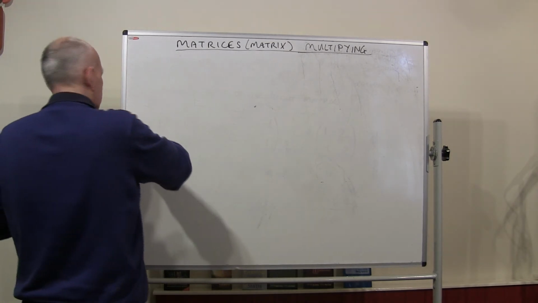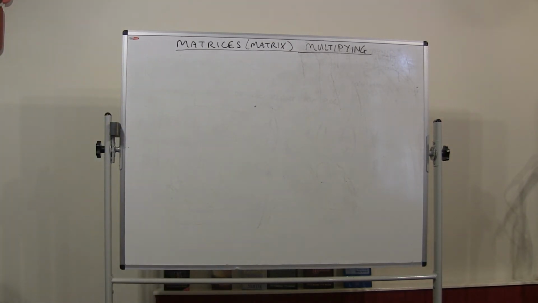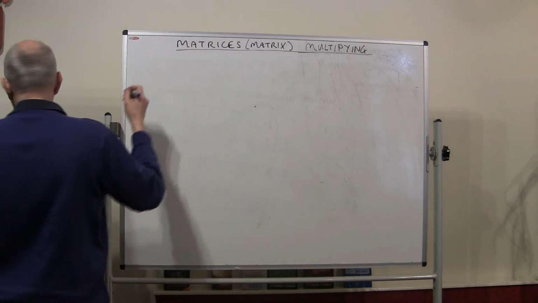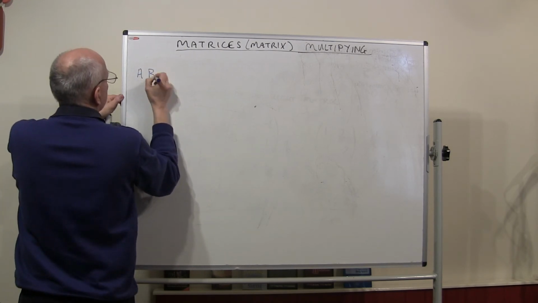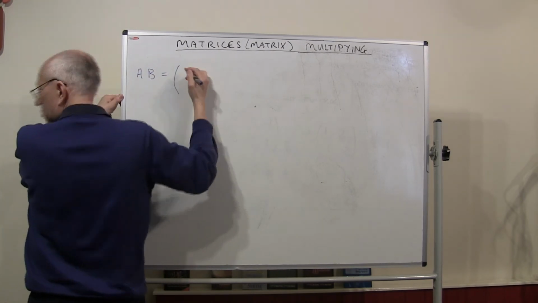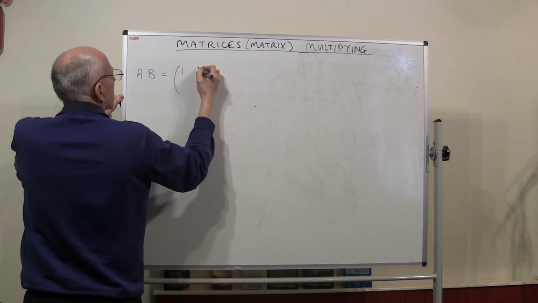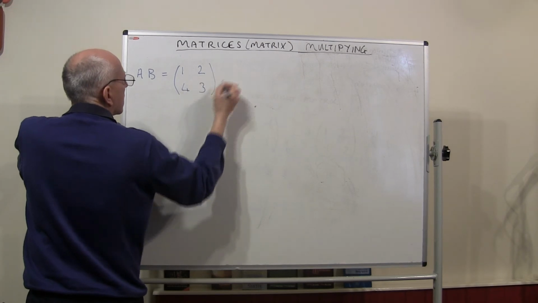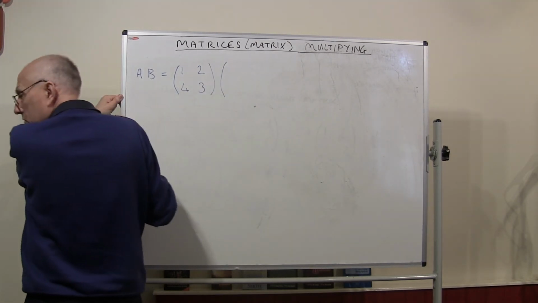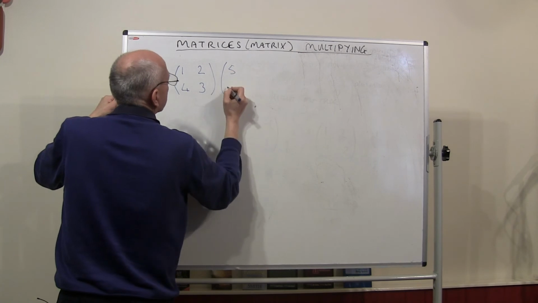So let's have a look. Suitable example. Do this one. So we've got, I'm going to write it like this, AB equals, so I've got 1, 2, 4, 3 times this, 5 minus 3.